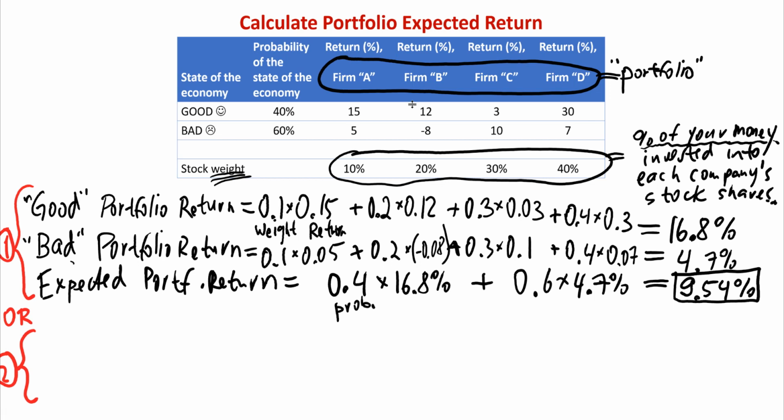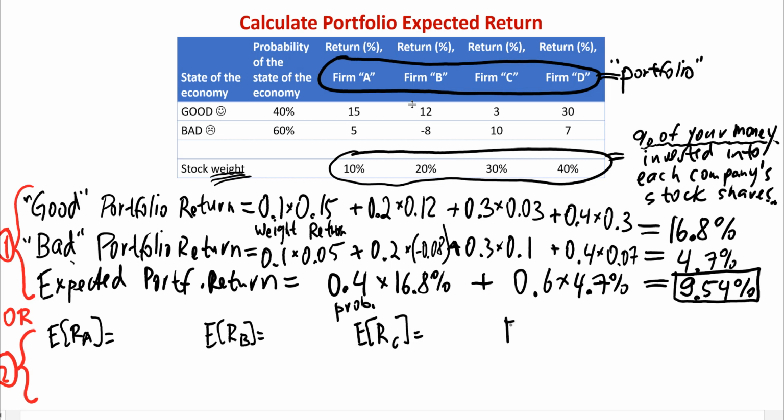Instead, we can calculate expected return on stock A, then expected return on stock B, then expected return on stock C, expected return on stock D, and then we calculate expected portfolio return as the last step. So what's the expected return on stock A?